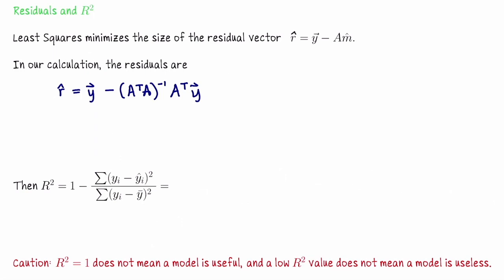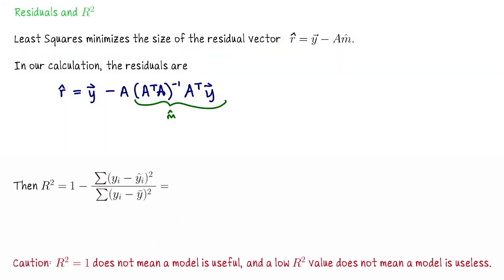I need to act on m with A. So let me slide this over, and we need to do A out in front. So the rest of this expression that A is acting on is the vector of coefficients m hat. So that's a formula for the residuals entirely in terms of A and y, and you could compute that directly without computing m. Let me show you what that looks like in MATLAB.